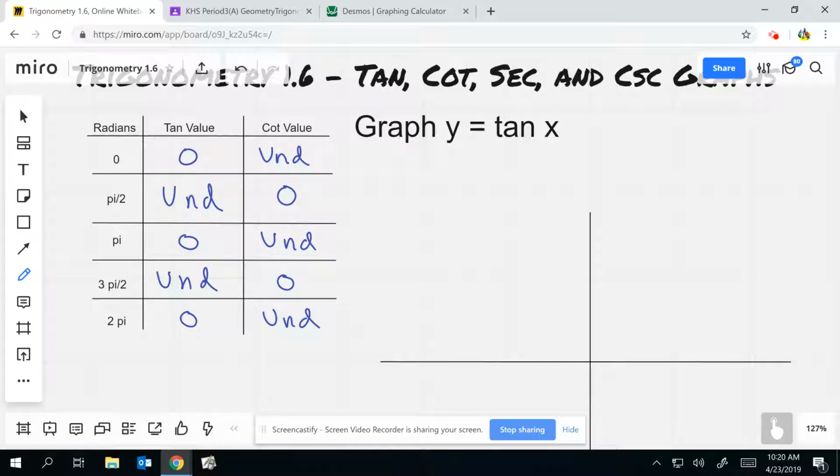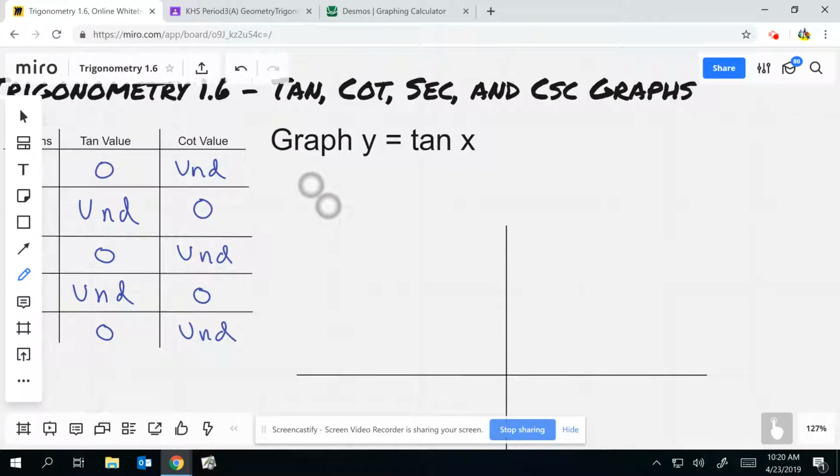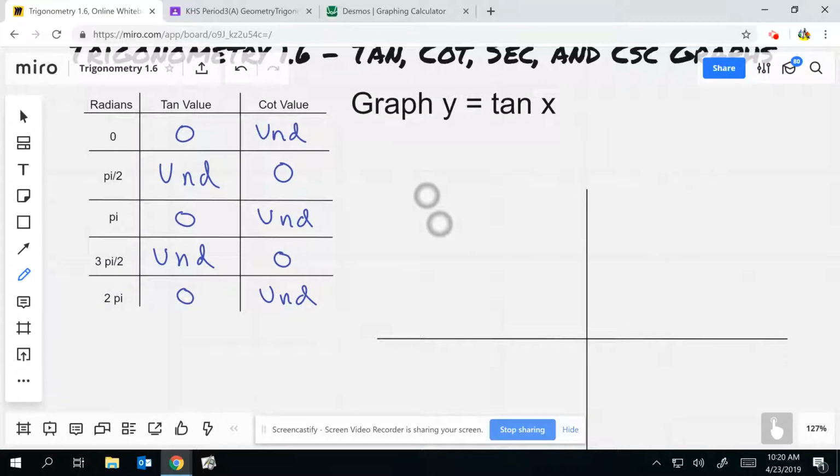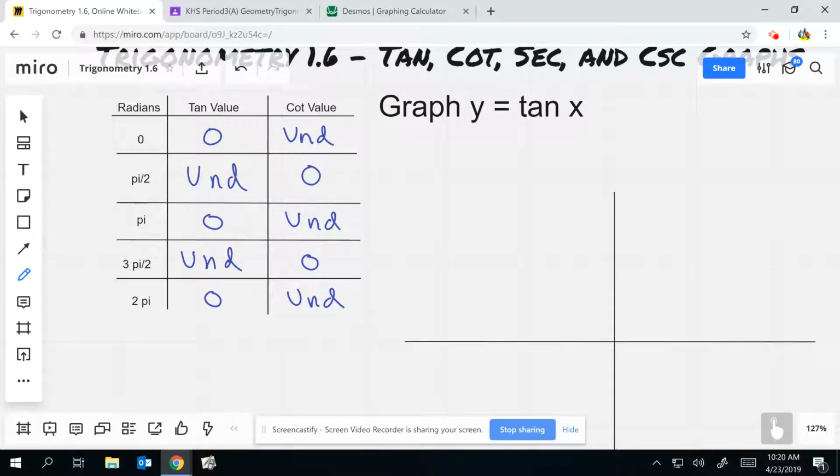So tangent graphs are going to be undefined at pi over 2. Okay, that's where the tangent is undefined. And it's also going to be undefined at 3 pi over 2. So I need to find out, first off, if this is just x, we can just say x can't be pi over 2, and x can't be 3 pi over 2.